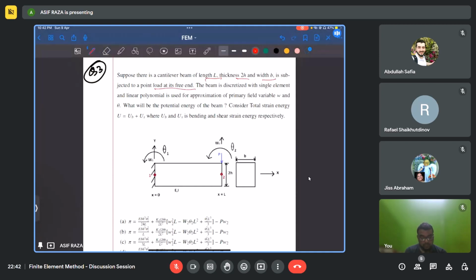The beam is discretized with a single element and a linear polynomial is used for approximation of the primary field variables, displacement and slope. What will be the potential energy of this beam? Consider total strain energy equal to UB plus US, where UB and US are the bending and shear strain energy respectively.